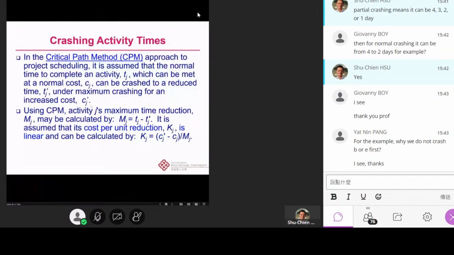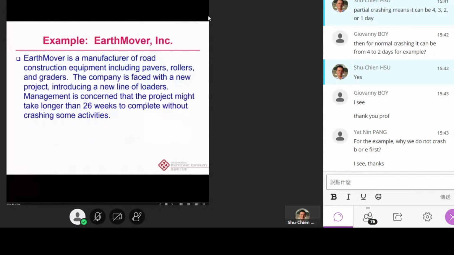All right, this is also very theoretical, but I would like to show you how we can do that just by writing the objective function and constraints to get the optimal result from crashing the project. This is an example of a company called Earth Mover, a manufacturer of road construction equipment, including pavers, rollers, and graders.